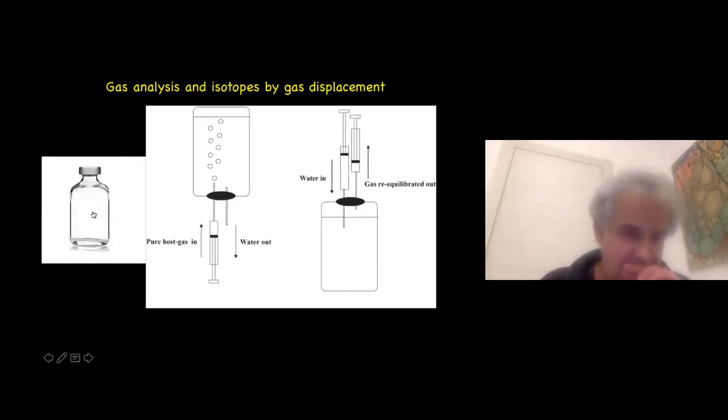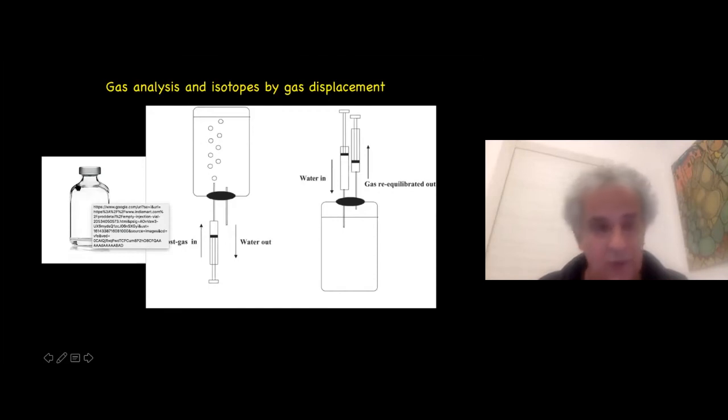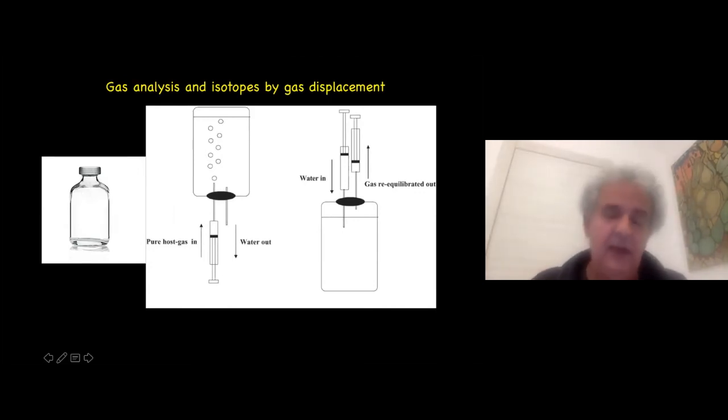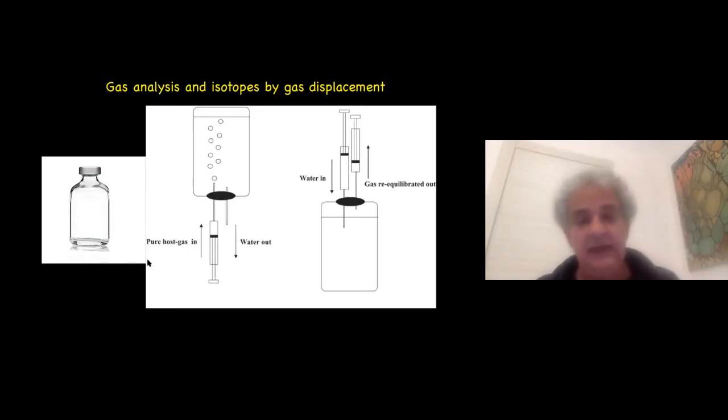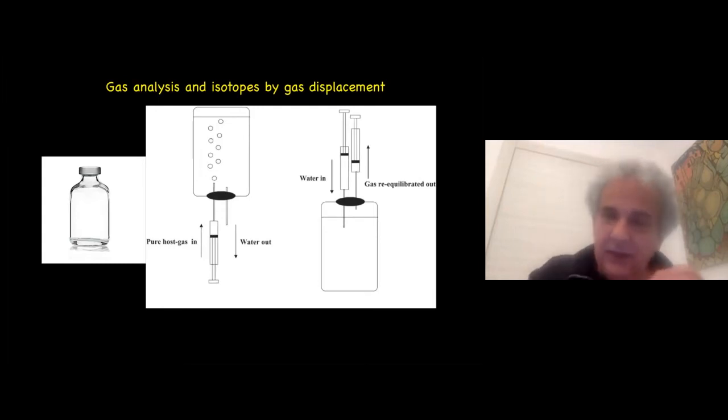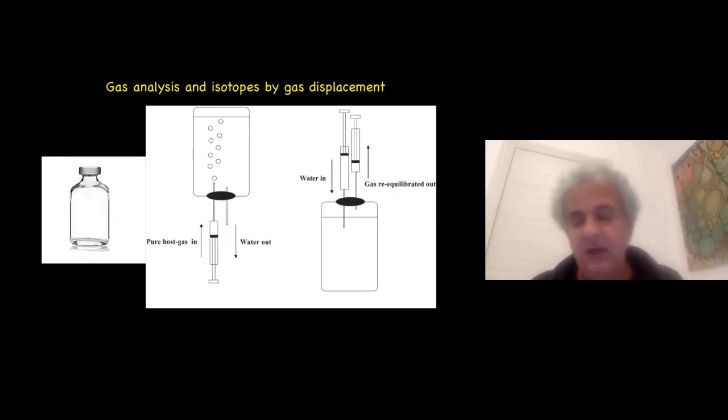Basically, you fill this container with the water, you close it, you clamp it with a special device, and this lid consists of a rubber septum. Then in the lab, basically you displace part of the water with nitrogen, argon, or helium, a gas that you are not interested in for the chemical and isotopic composition.